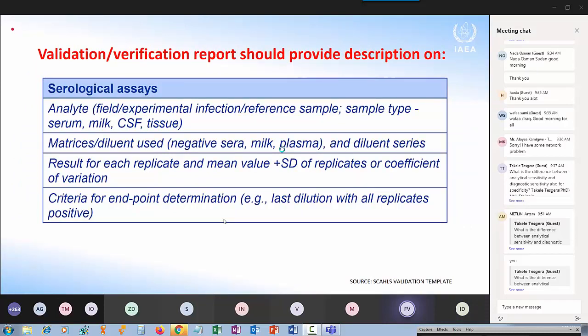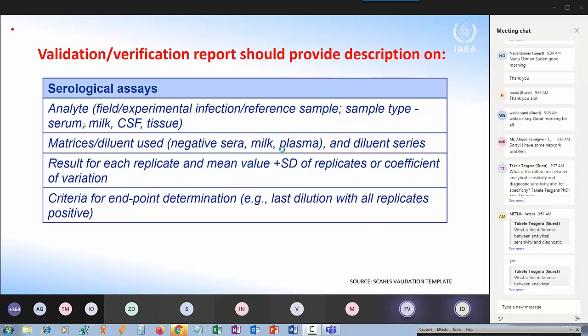So for serological assay, what we should include in the verification or in the validation report as well is the description of the analyte, whether the samples that we used were field or experimental infection samples, the reference samples, the sample type, the matrix, is it a serum or milk sample, tissue, or cerebral fluid, or other type of matrix.